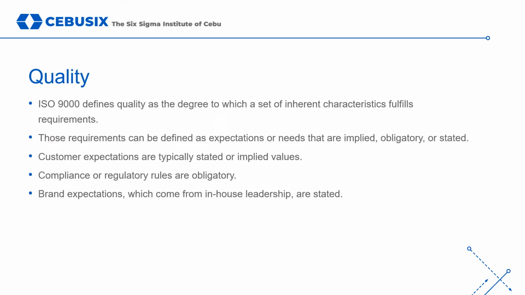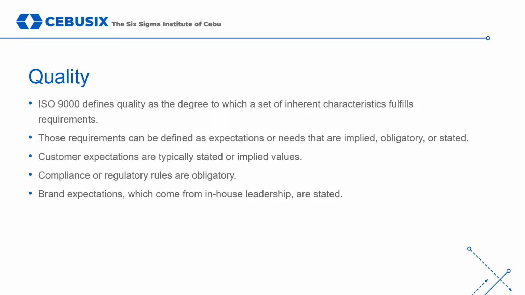One of the most concise definitions of quality comes from the International Organization for Standardization, or ISO. ISO 9000 defines quality as the degree to which a set of inherent characteristics fulfills requirements. The same document defines requirements as expectations or needs that are implied, obligatory, or stated, and the ISO notes that requirements can be generated by different interest points.